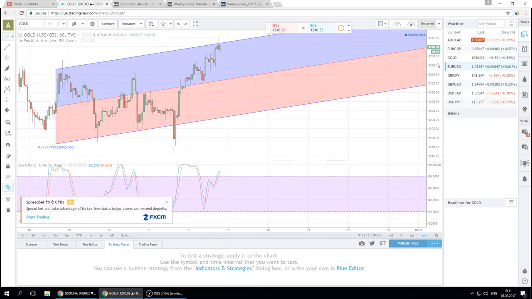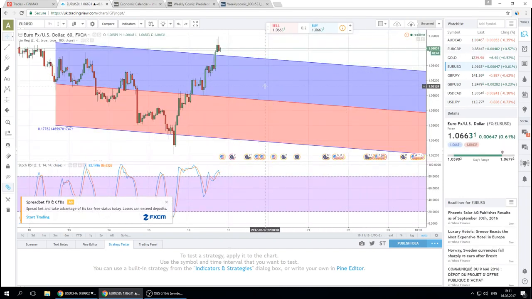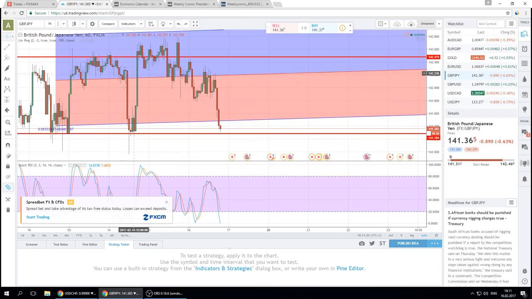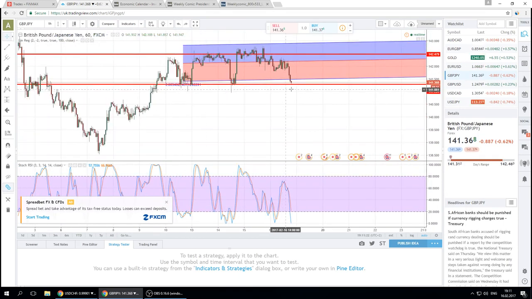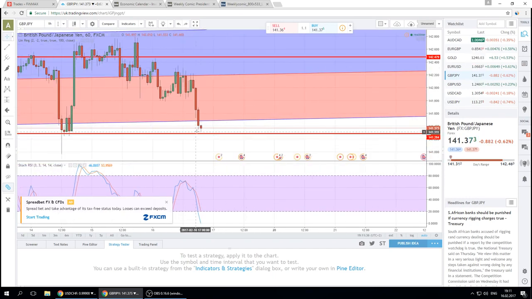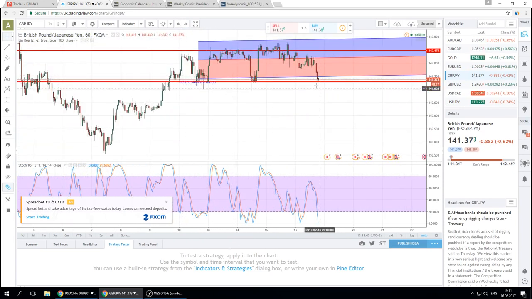Gold. Okay, so Euro USD, British pound. It's also, as I told you before, you can see here that the price for British pound has reached its support level, and it almost touched it, reflected from it, and now it continues to move in the corridor.